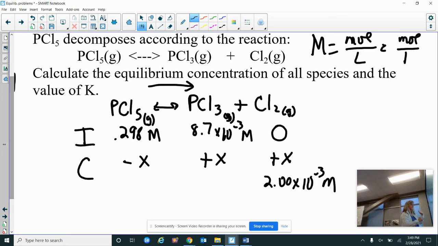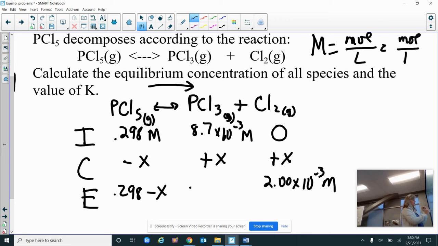Now, I and C have to equal E. So they add together to make E. So we weren't given the equilibrium amount of PCl5, but we know that it'll be 0.298 minus X. Okay, so those two add up to that.